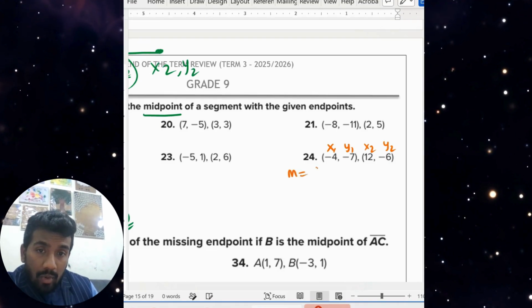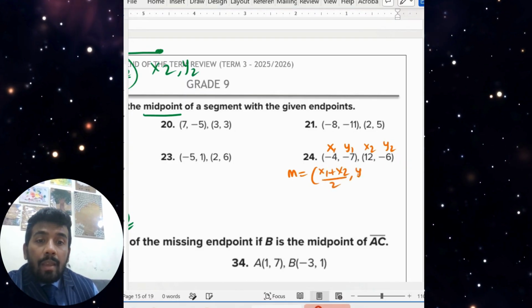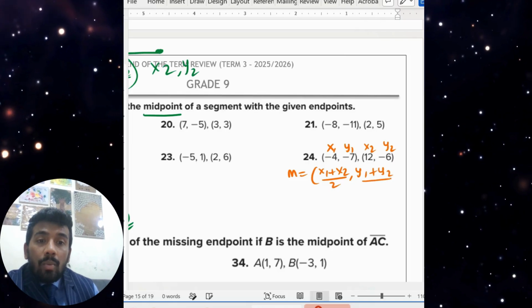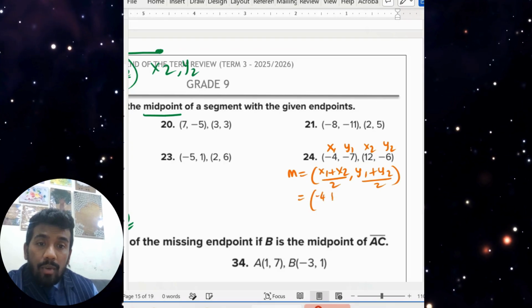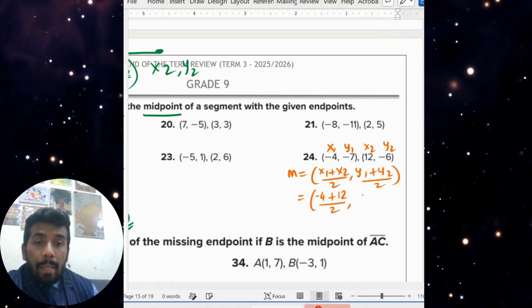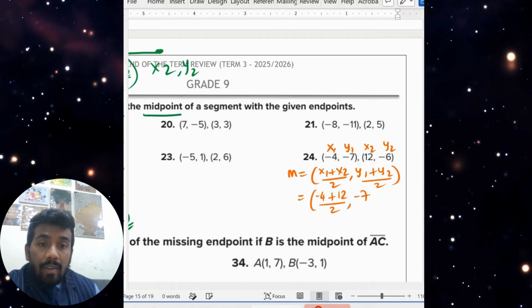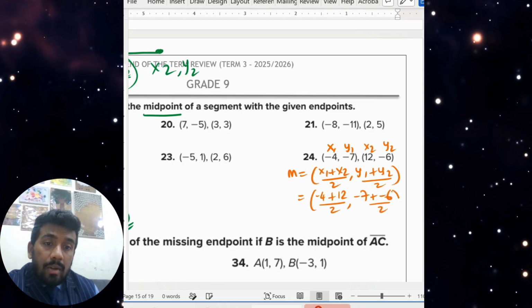Same way. So M is what? What's your x1? Minus 4 plus x2, 12 over 2. What's y1? Minus 7 plus y2, minus 6 over 2.